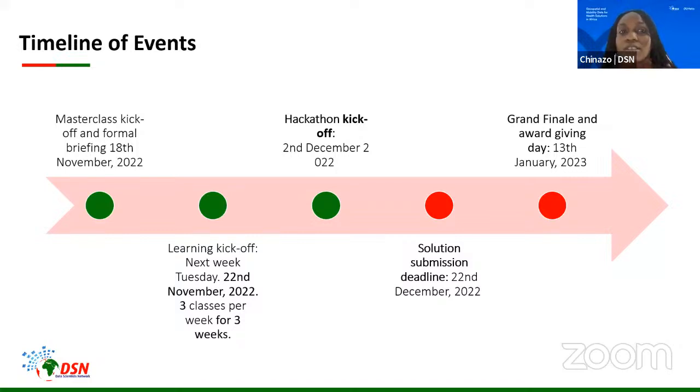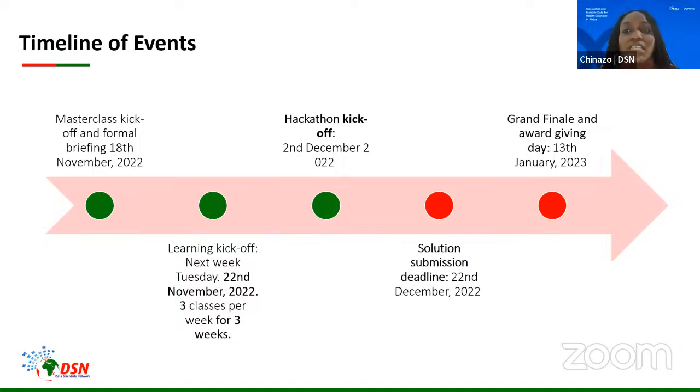I'll talk about the hackathon rules and guidelines subsequently. Now, the solution submission: we have a few changes to this timeline. The solution submission deadline is on the 22nd of December. This gives you at least 3 weeks to build your solution. Even if you haven't started learning, you can still catch up with the videos that we've used to teach in the past, and you can start building your solution.